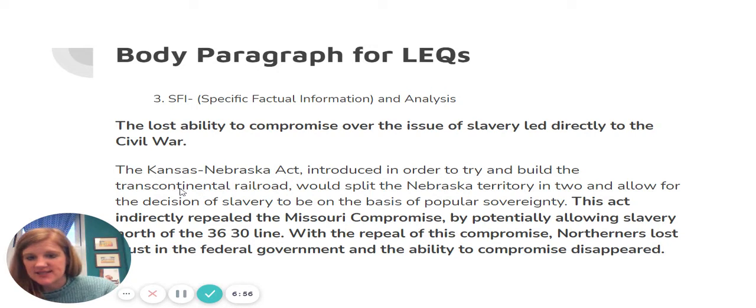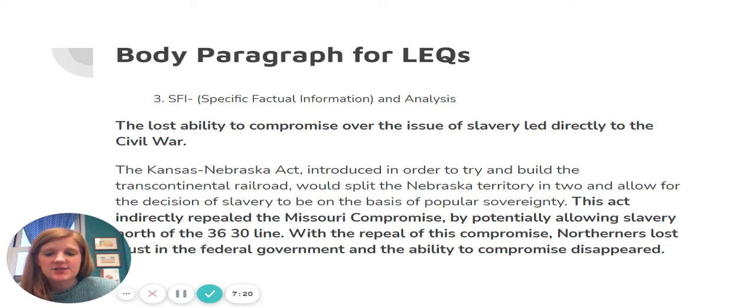So if our topic sentence is the lost ability to compromise over the issue of slavery led directly to the Civil War, here's an example of how you would use SFI. The Kansas-Nebraska Act, which is my SFI, introduced in order to try and build the Transcontinental Railroad, which is my definition, would split the Nebraska Territory in two and allow for the decision of slavery to be on the basis of popular sovereignty, still part of my definition.